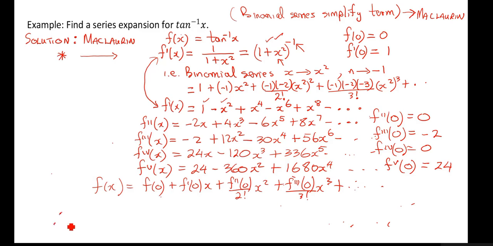Therefore, my arctan of x, okay, what's my f at 0? f at 0 is 0. My first derivative is 1, so it will be 1 times x.